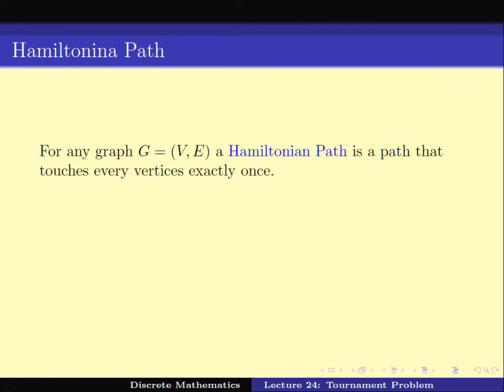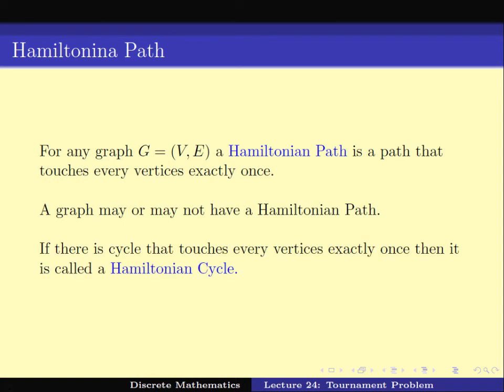Such a path is called a Hamiltonian path. A graph in general may or may not have a Hamiltonian path. And if there is a cycle of that form which touches every vertex exactly once, we call it a Hamiltonian cycle. A graph may or may not have a Hamiltonian cycle also.